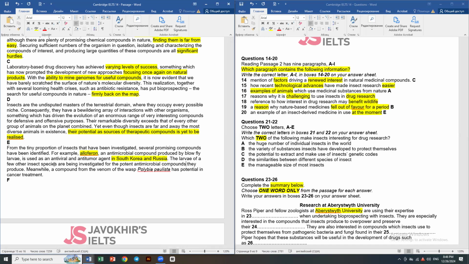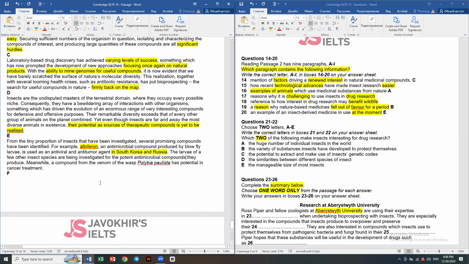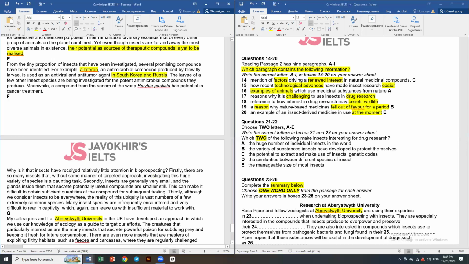Is like has been used. South Korea and Russia has been using it since before, and still they are utilizing that larvae or something like that. So is used. So at the moment, right? Pretty easy to navigate. Now, let's go for the paragraph F.